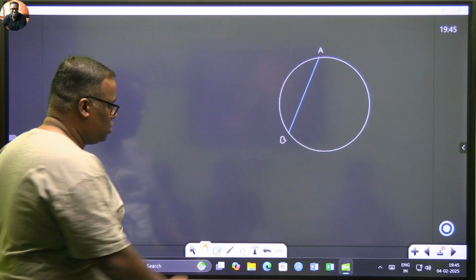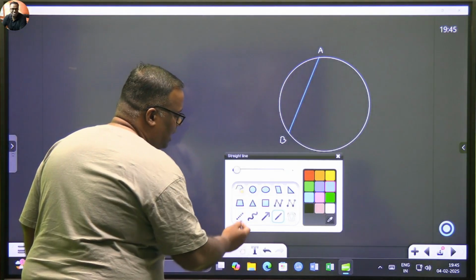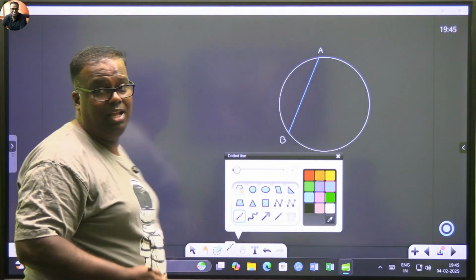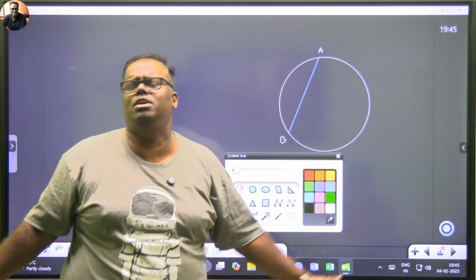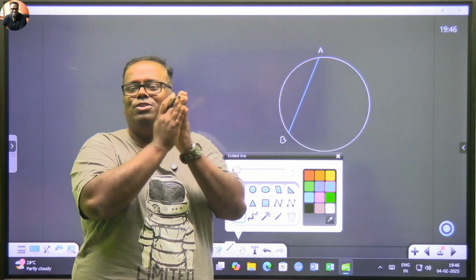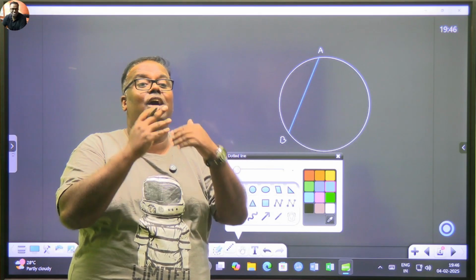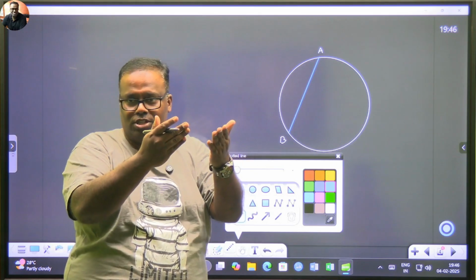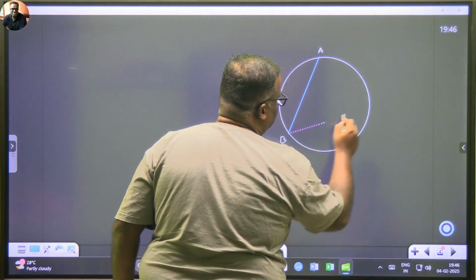Now, this chord also has the authority to make an angle, or subtend an angle, at any point on the circumference also. Why do you think you should only ask forgiveness at the center? You can ask forgiveness at any point on the circumference also. In that case, we will say angle subtended on the circumference, at any point on the circumference. Have you understood? So that will look something like this.